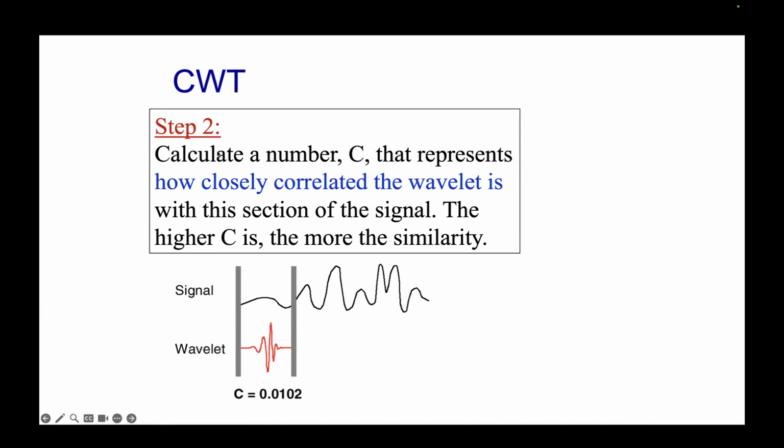So you calculate the number C, which is basically the multiplication and summation of all the time points of the wavelet and the signal. So C represents how closely correlated the wavelet is with this section of the signal. So it's basically a correlation. The higher the C is, the more the similarity is.